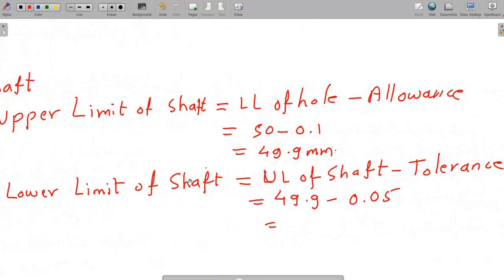Just find out. 49.9 minus 0.05, so it will be 49.85. Did you understand? So this kind of problem may come for the exam.